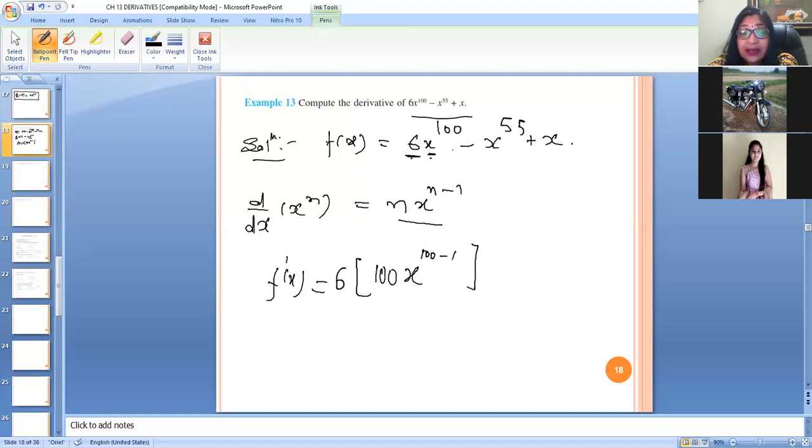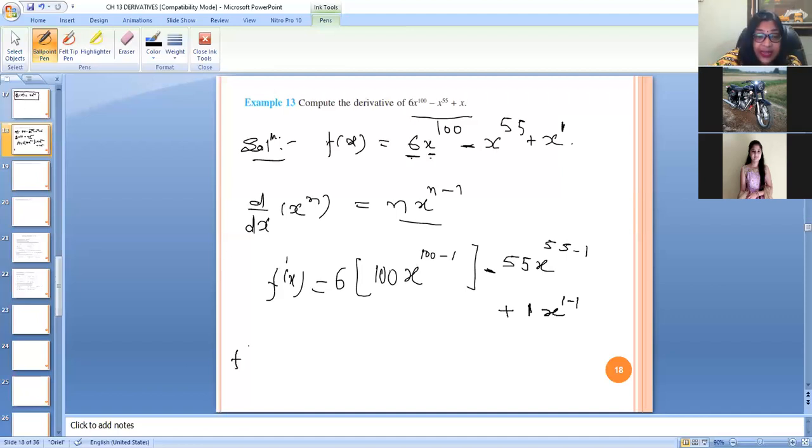Now we are applying the algebra. It is a difference, so the derivative will be the derivative of the terms individually. Minus the derivative of x raised to power 55, which will be 55 x raised to power 55 minus 1, plus the derivative of x raised to power 1, which is 1 times x raised to power 1 minus 1.